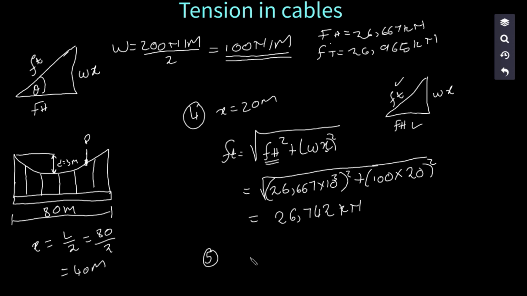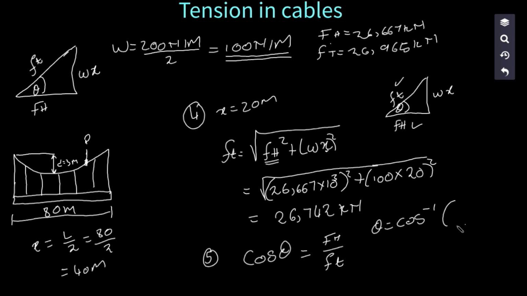Question number 5, cos theta, this will be our theta. It's equals to FH, which is adjacent, over hypotenuse, and our theta is equals to cos inverse.